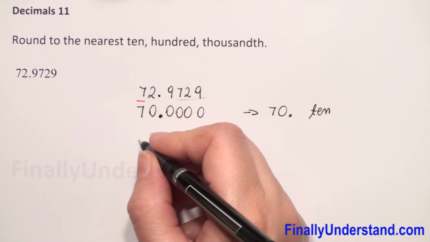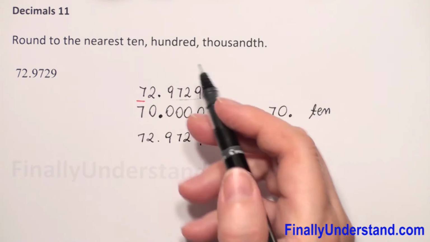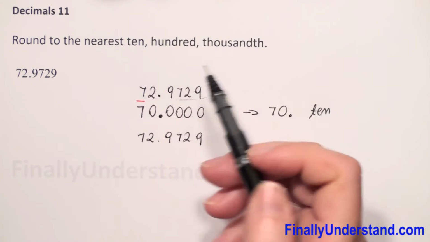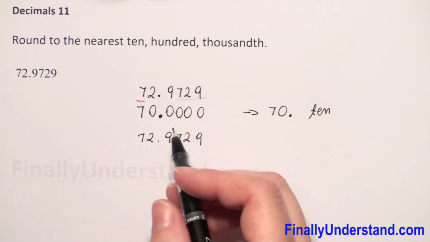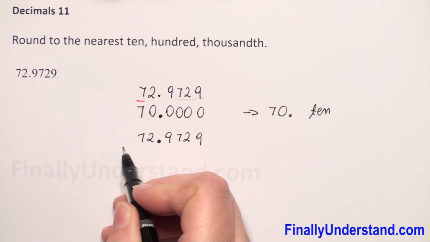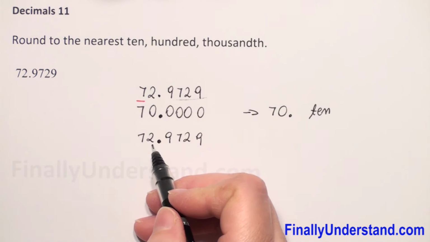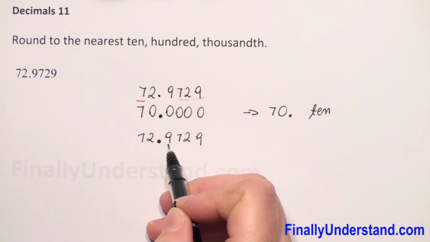Next, let me copy again our example. Next, we have to round to the nearest 100. We have D at the end. We don't have TH. It means we have to move from the decimal point to the left side. First, the decimal point is always between ones and tenths.